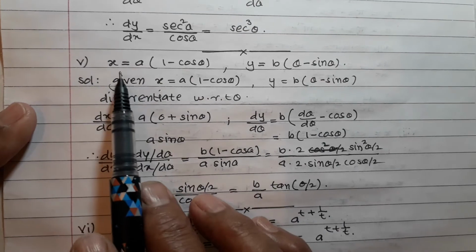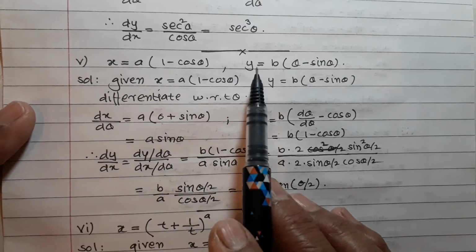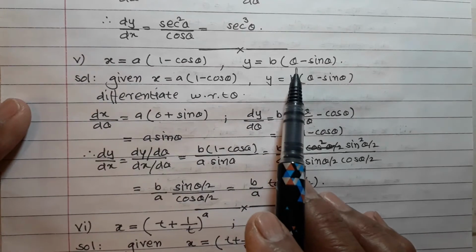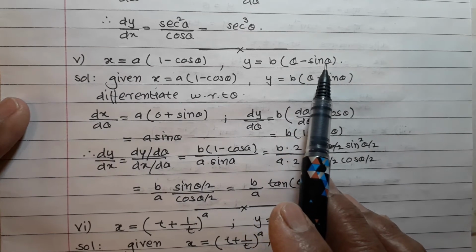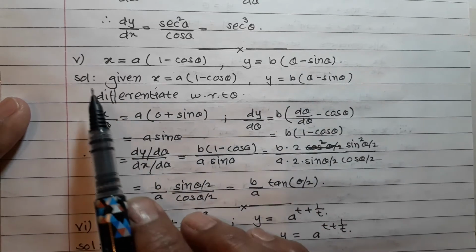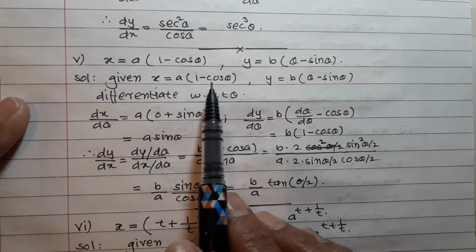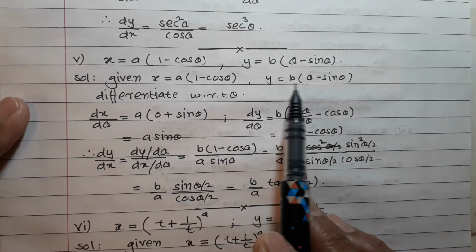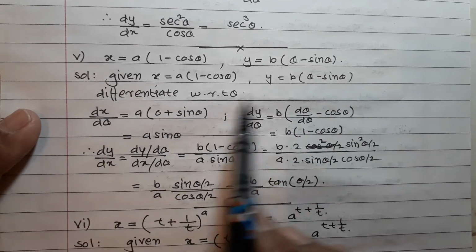Question number 5. x = a(1 − cos θ), y = b(θ − sin θ). Solution: given x = a(1 − cos θ), y = b(θ − sin θ).